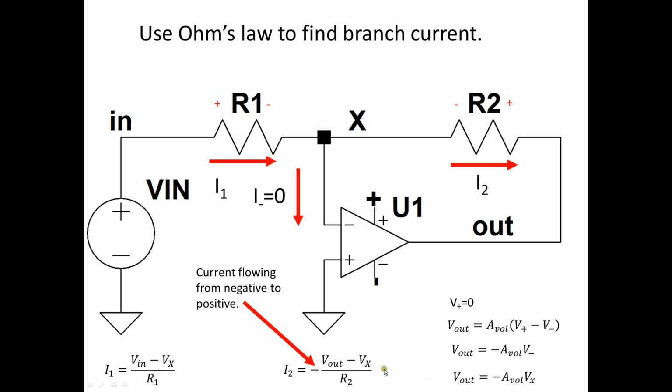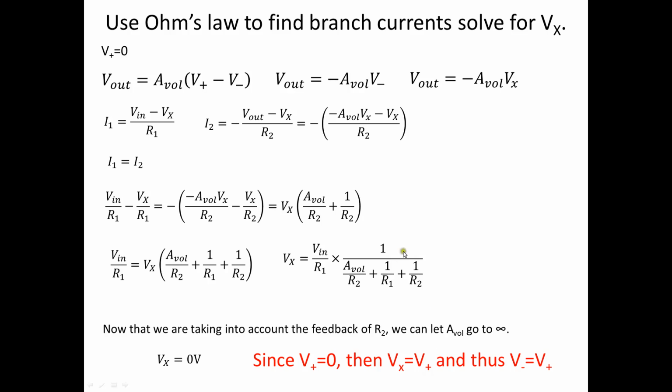We're not going to set it equal to 0 as in the previous derivation. Again, V plus is 0, and we get V out equals minus the open loop gain times Vx. Now we substitute this in for V out, because we're trying to come up with an equation for Vx.